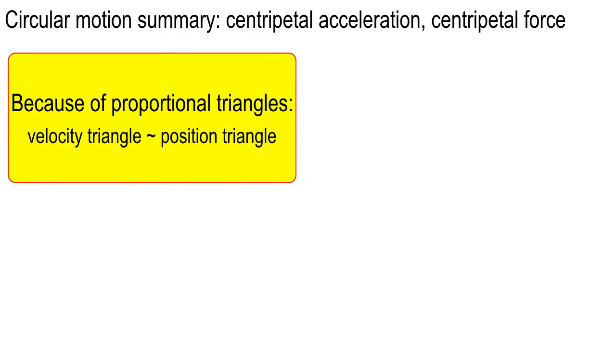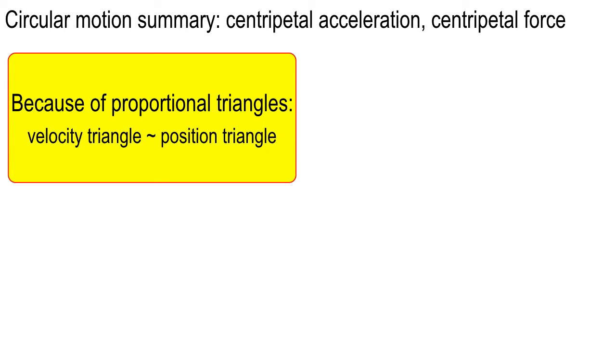Now, let's just do a little summary here. We had proportional triangles, velocity triangle, position triangle. That little squiggle between the two phrases, velocity triangle, position triangle, means similar to. So if the two triangles are similar or proportional, that means they don't necessarily have the same sizes and dimensions, but they have the same shape.